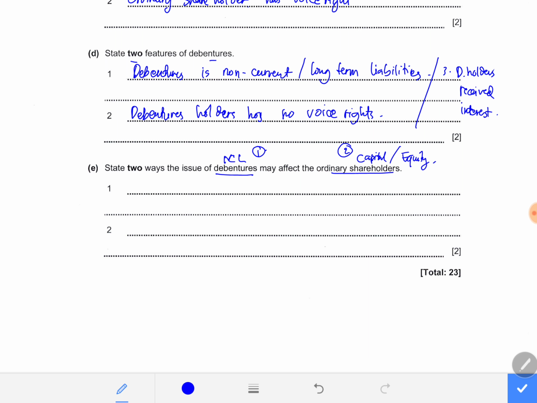So that means repayment of loan will prioritize debenture holders above ordinary shareholders.